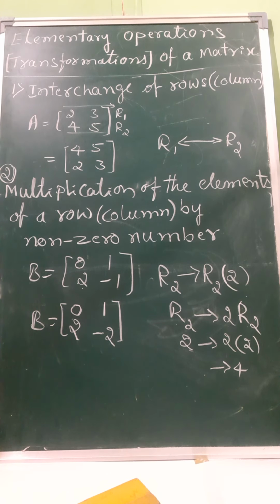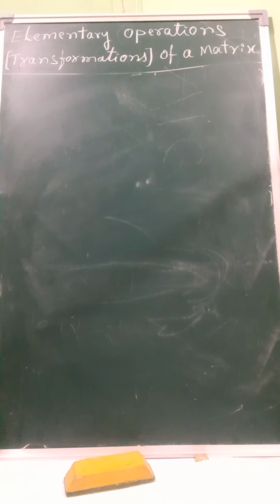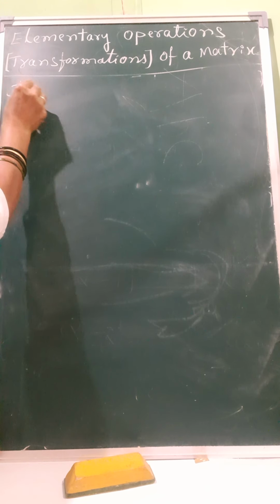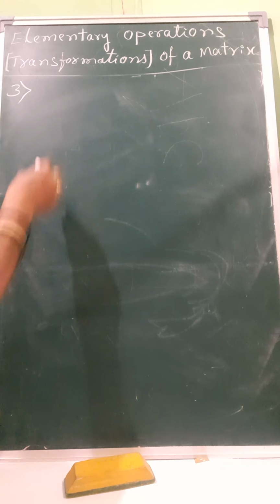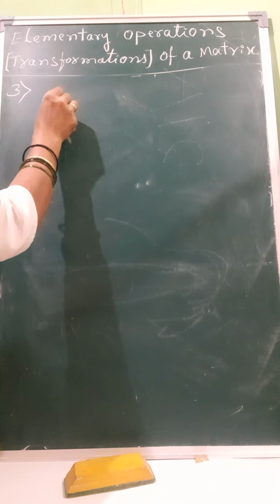The number should not be zero. Next we come to the third elementary operation, that is addition to the elements of a row or column, the corresponding elements of any other row or column multiplied by a non-zero number. I will take one example.